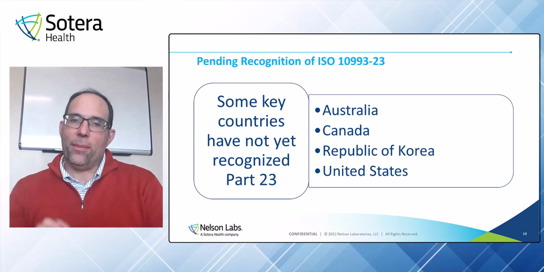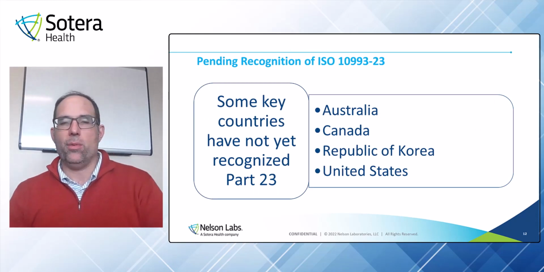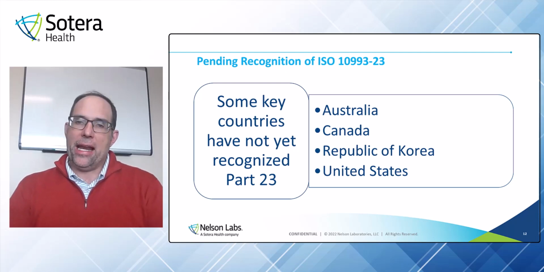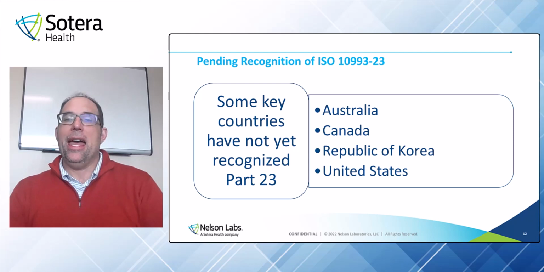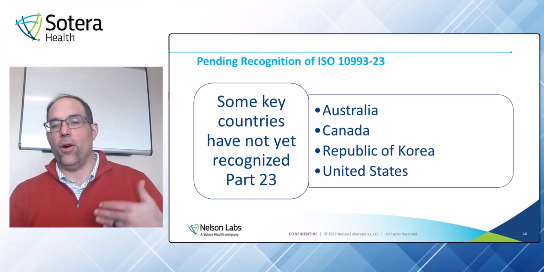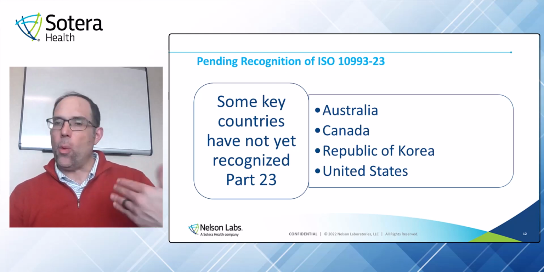Now, some key countries have not yet recognized Part 23, and this is the part that we're trying to influence right now: Australia, Canada, Republic of Korea, and most importantly, the United States. In fact, Australia, Canada, and Korea are probably, and we've talked to them, just waiting for the United States because they're concerned that the United States hasn't accepted it yet and want to know why.